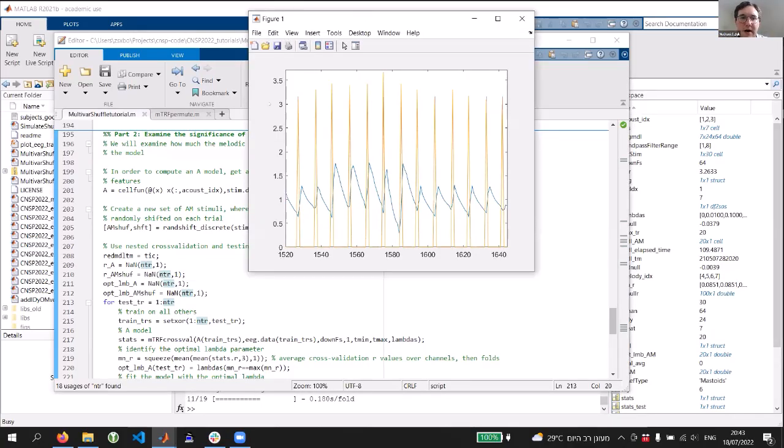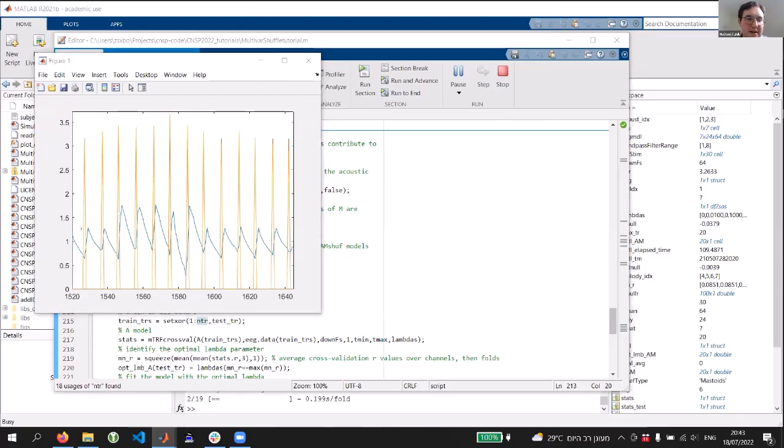My reason for not wanting to do zero mean is because we're dealing with a lot of these peaky onset type vectors. So if you do zero mean, you'll shift all of this down. And I want to make sure that when the model is fitting to the data, when it's zero, it's not contributing anything to the EEG.